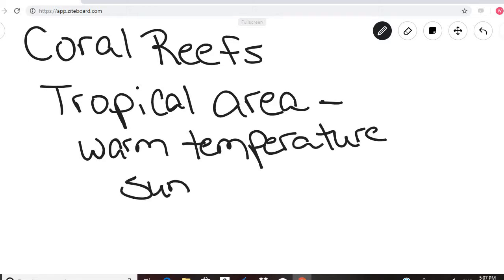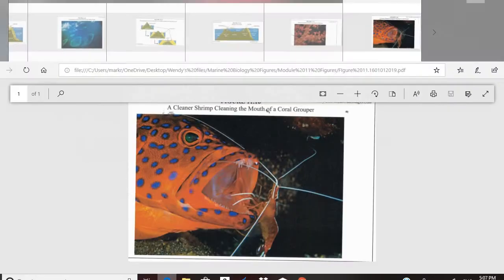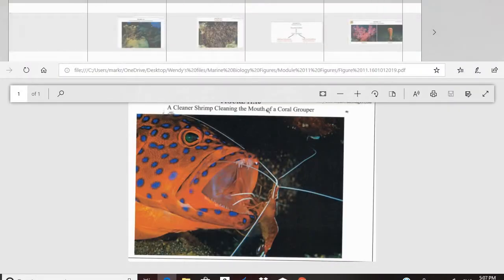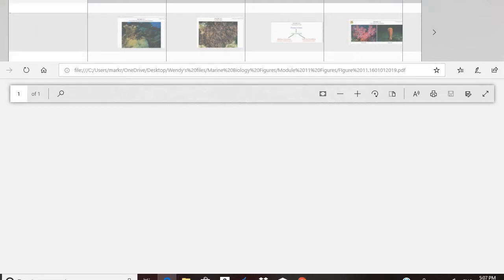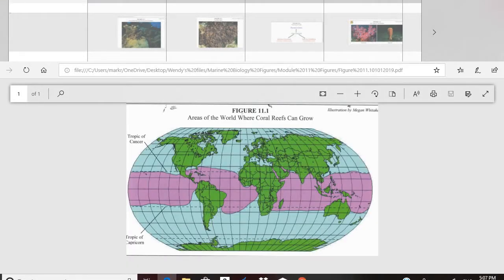So you'll see in the map that the coral reefs are pretty much found between the Tropic of Capricorn and the Tropic of Cancer.